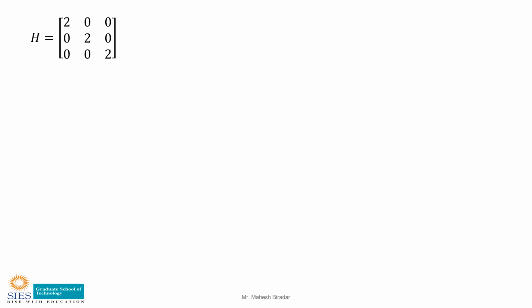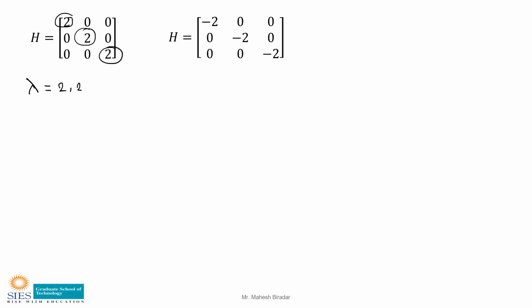Suppose the Hessian matrix is like this: 2 0 0, 0 2 0 and 0 0 2. Now here, if you find the eigenvalues of the first matrix, we know that if the matrix is a diagonal matrix, then eigenvalues are the diagonal elements.